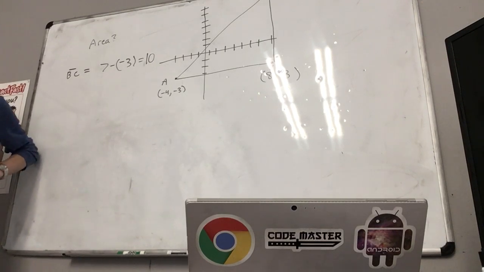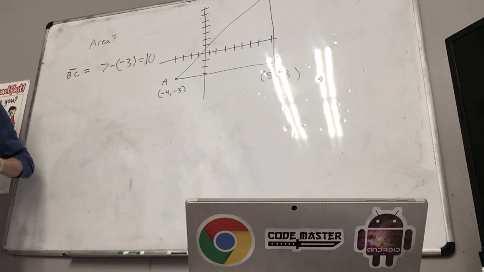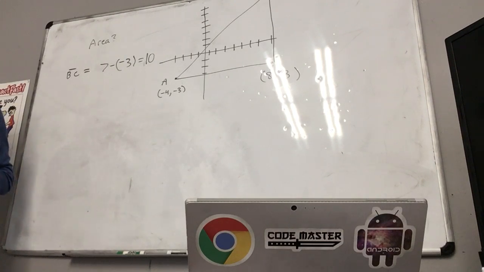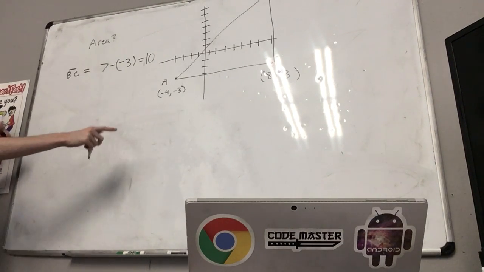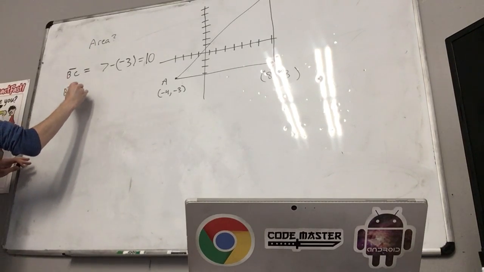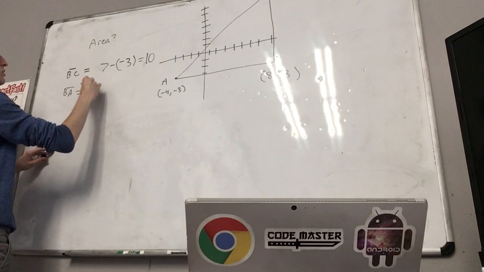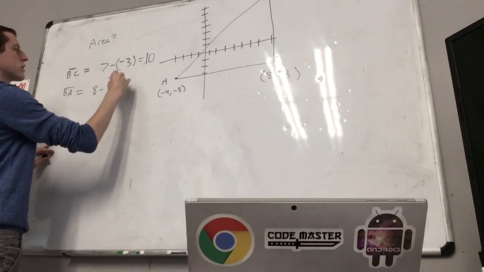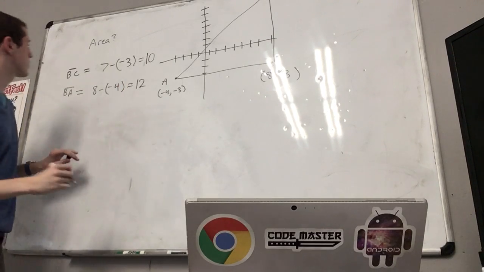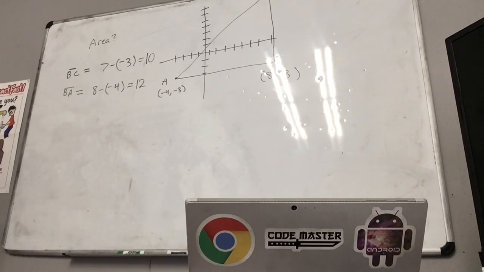I like it. Next step. You can subtract the x coordinates for B and A. So the line segment BA. Let's do 8 minus -4. Equals 12.